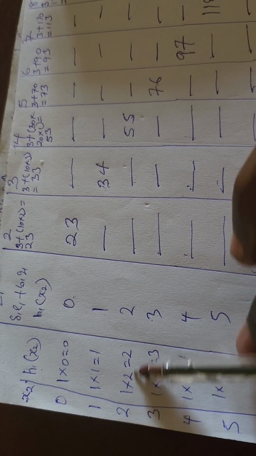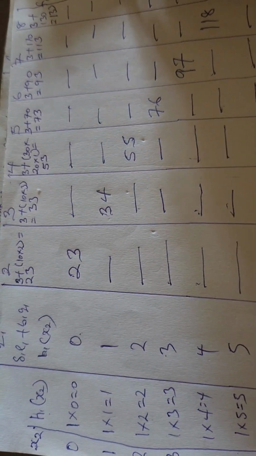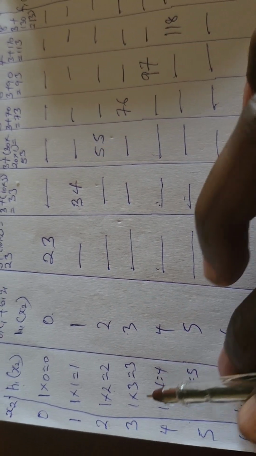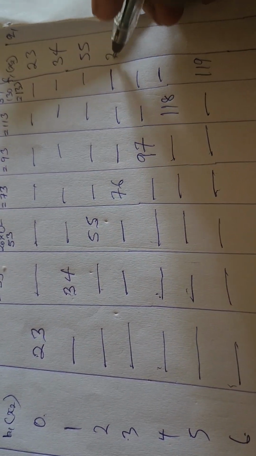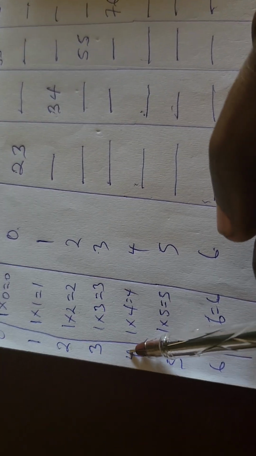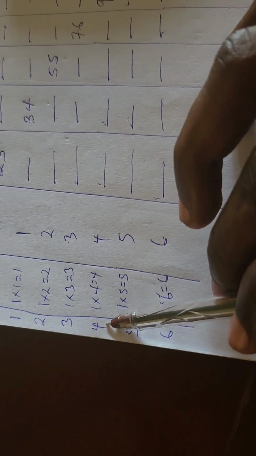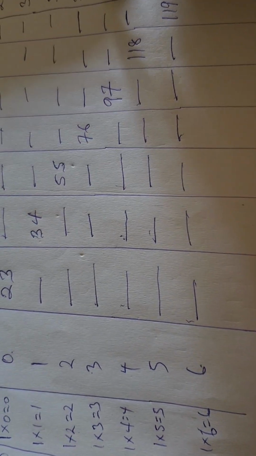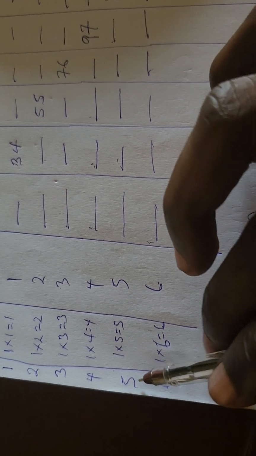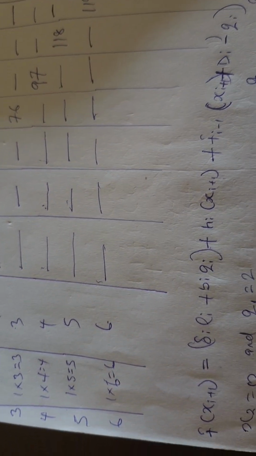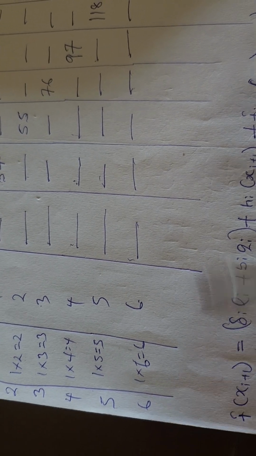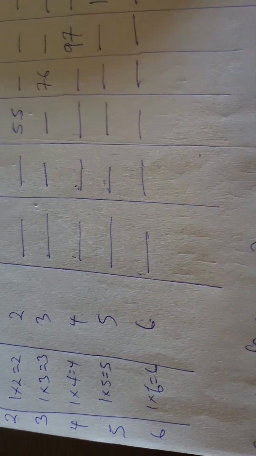When x2 is equal to 2, it is 55. When x2 is equal to 3, 76. When x2 is equal to 4, 97. When x2 is equal to 5, 118. When x2 is equal to 6, it is 119.